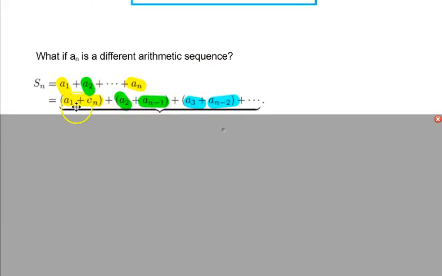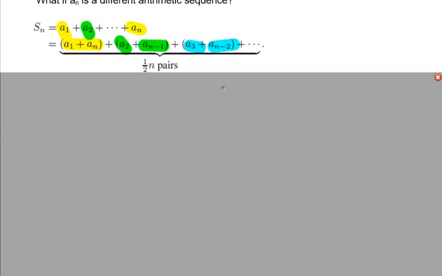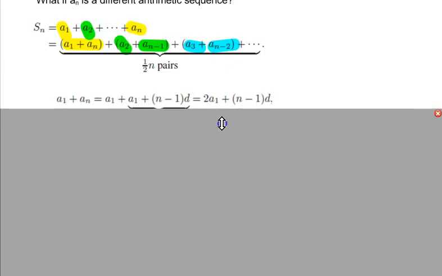First of all, how many of these pairs will we get? We talked about earlier, since we're pairing up two numbers at a time, it's going to be half of n pairs. And for right now, we're assuming that n is even. You have an example in the GEA where n is not even. We'll talk about that later in class.